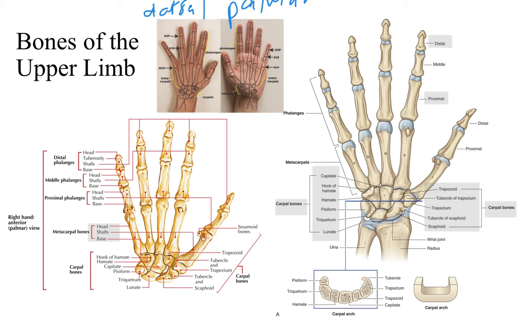We'll come back to that in a second, so I just want to give you orientation to that. So down here is a palmar view of our right hand. The digits are pretty much the same as how you would count with the foot. So this is digit 1, that would be your thumb, digit 2, digit 3, digit 4, and digit 5.